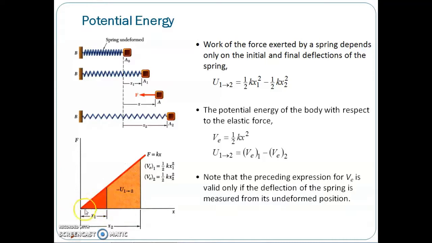And also the final potential energy, which is the large triangle. Finding the difference between the initial and the final, we will have the work of the force exerted by the spring, which is a negative work.